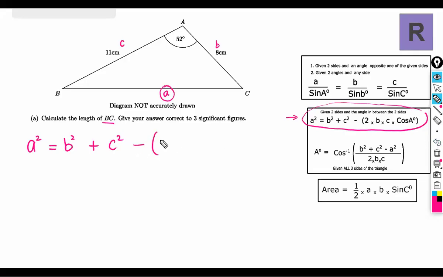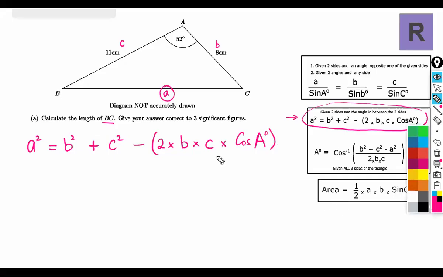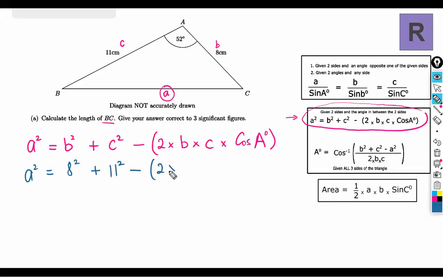So lucky for us, we don't have much work to do, right? Use minus open brackets 2 by B by common C. Remember, if you have common A here, the last letter is the capital version of it. So let's substitute in the values. We have A squared is equal to common B squared, 8 squared, plus C squared, 11 squared, minus open brackets 2 by 8 by 11 by cosine capital A. Remember, capital A is 52 degrees.